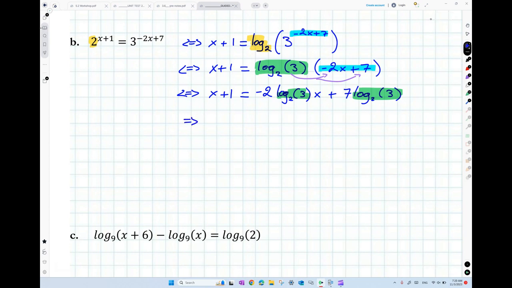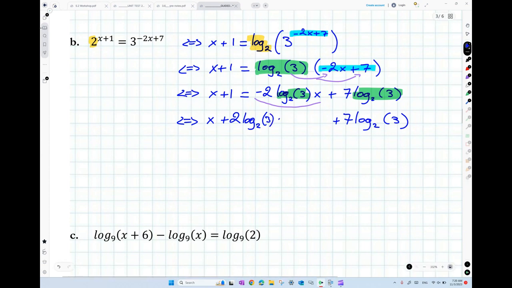The second step of a linear equation, I'm going to put on the same side all the x's, and all the rest will remain on the right side. That means that the subtraction of 2 log 2 of 3 will become an addition onto the other side. And this addition of 1 onto the other side is going to become a subtraction.